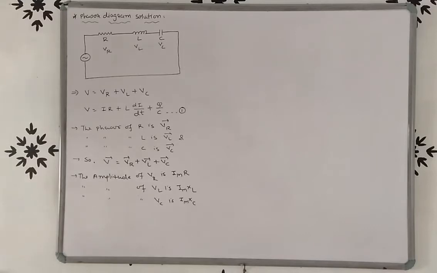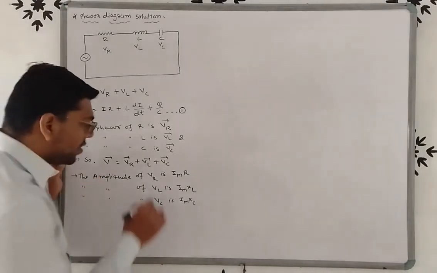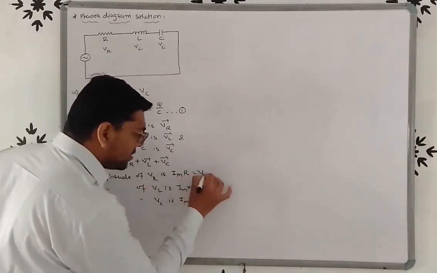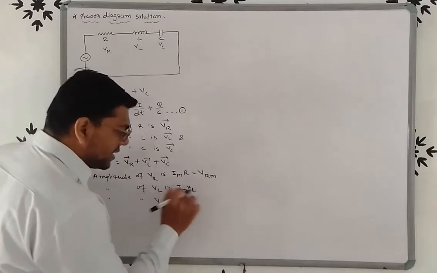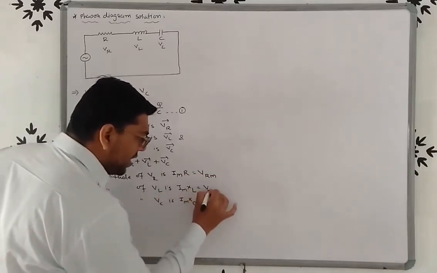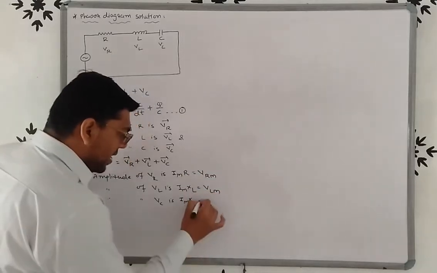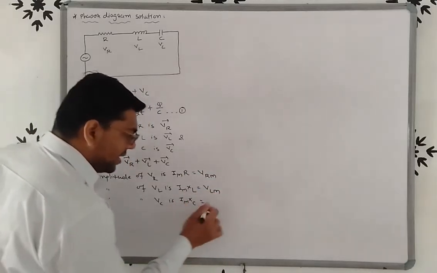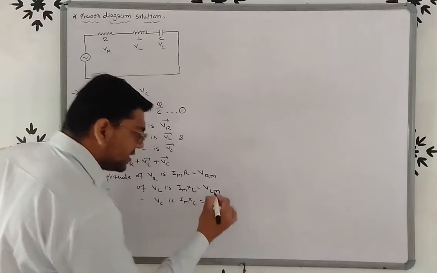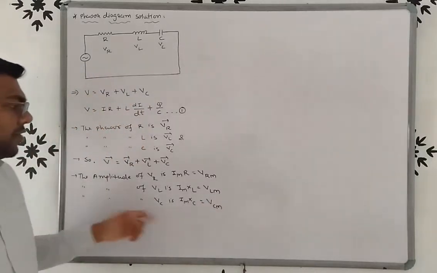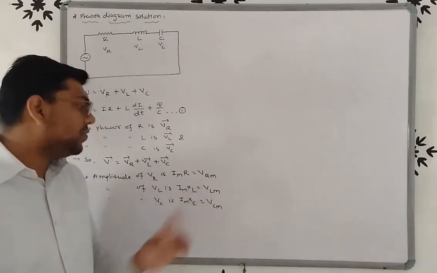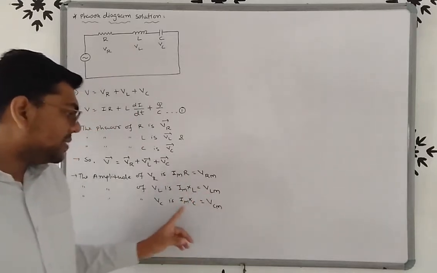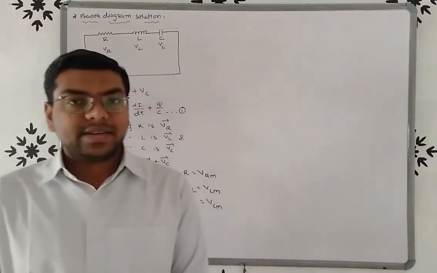So the amplitude of the resistor, Im into R, is equal to VRm. The amplitude of the inductor, Im into XL, is equal to VLm. And the amplitude of the capacitor, Im into XC, is equal to VCm.